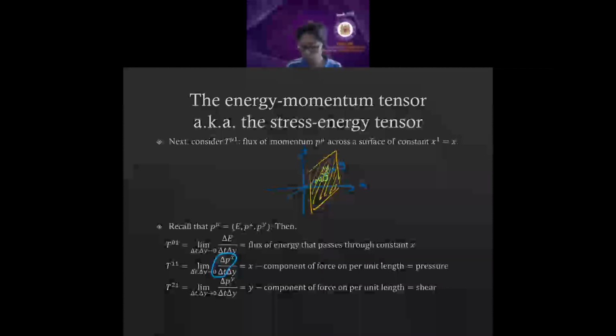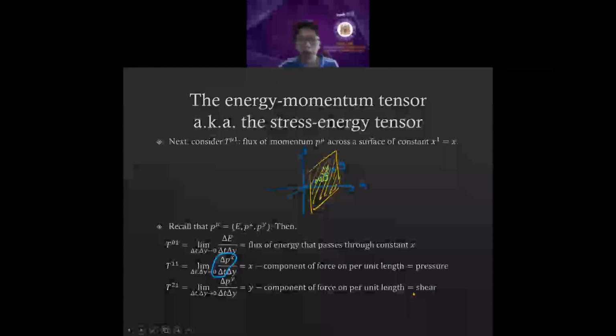And force over, in this case, the length is going to give you the force per unit length, which is just the pressure. Lastly, we have this one, the y component of force per unit length.